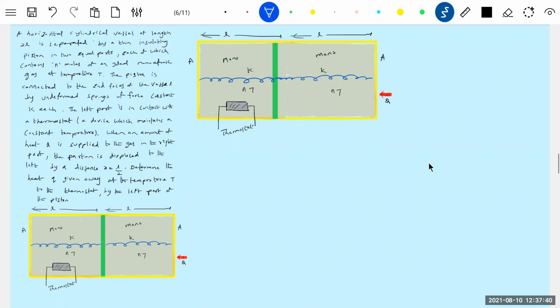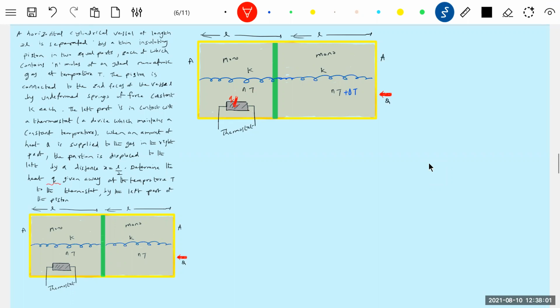The temperature of the gas in the right part, let it be delta T, will rise. The temperature in the left part will not change because the thermostat is there, though it will absorb some heat, and because of that Q, I'll put it. So that Q is what we have to find out here.